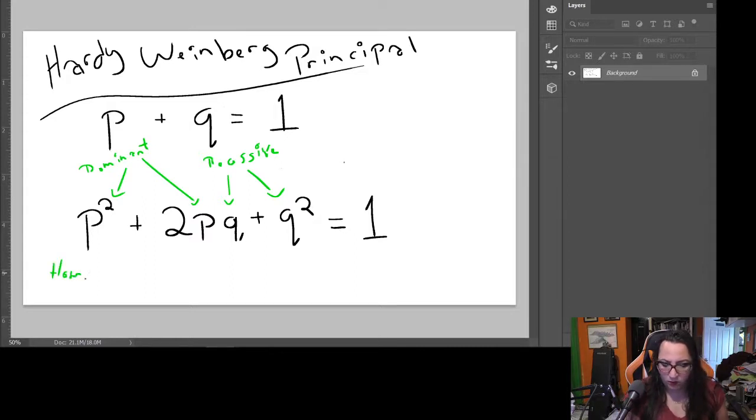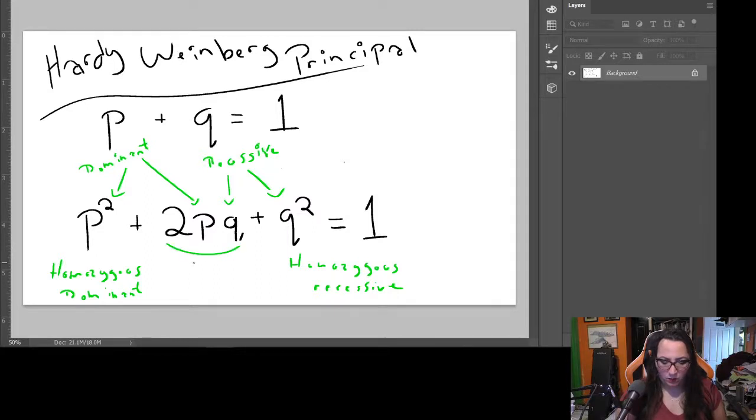And I'll try to remember to write slower. This is homozygous. This is recessive. And this is dominant. And then here we have our heterozygous.